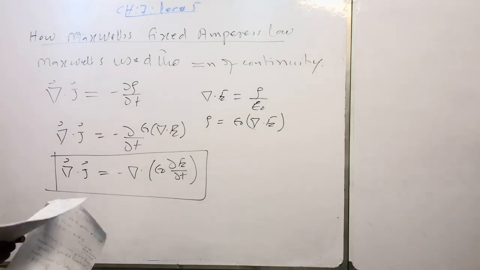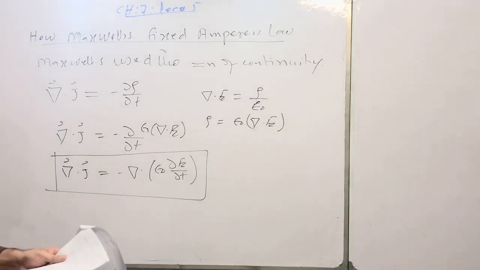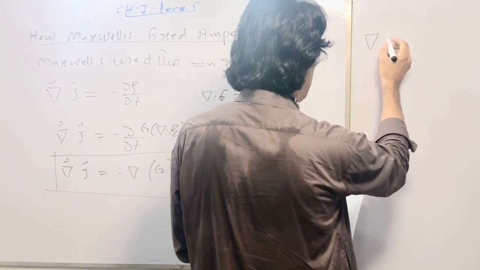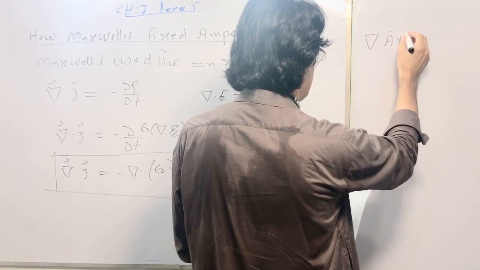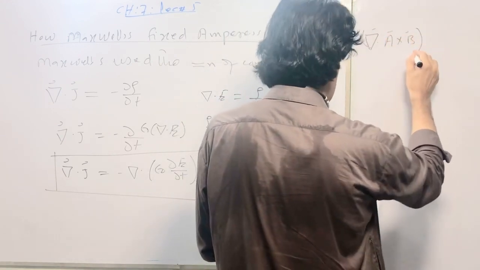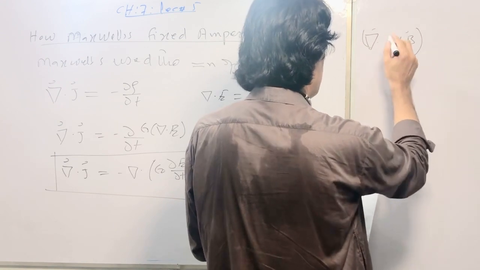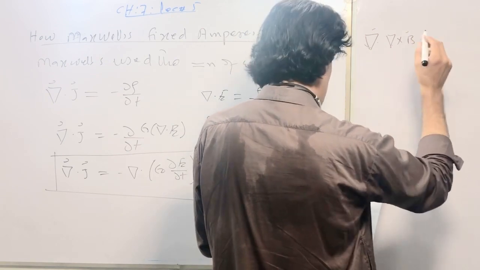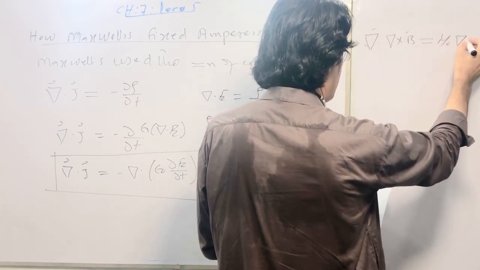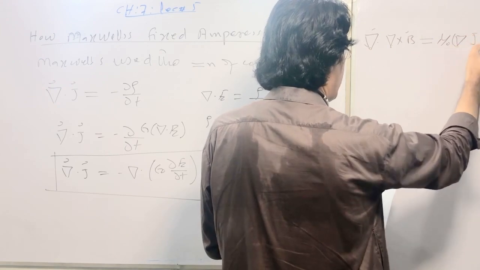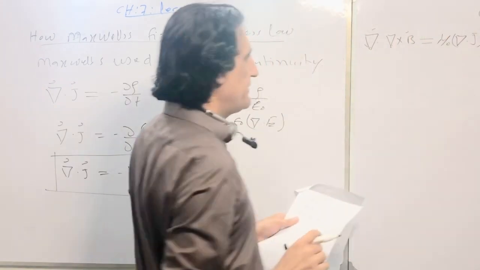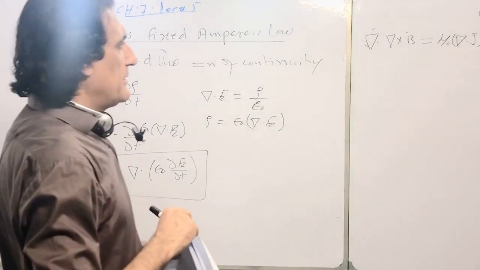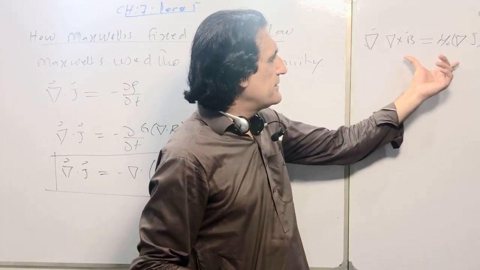If I write down this equation, del cross B, sorry, del dot del cross B, this is equal to mu naught del dot J. And I call this equation number 1.